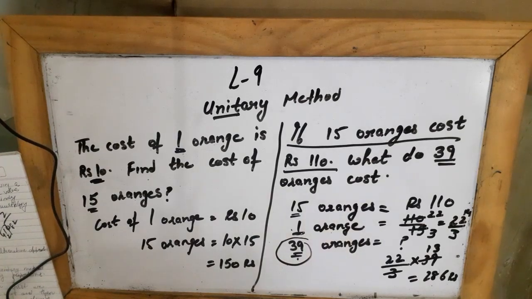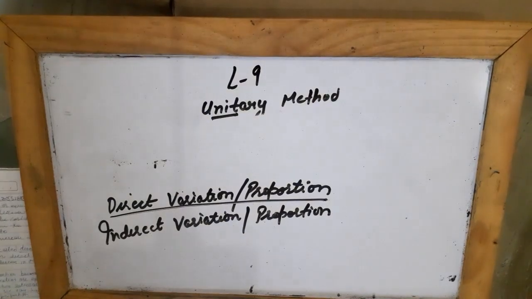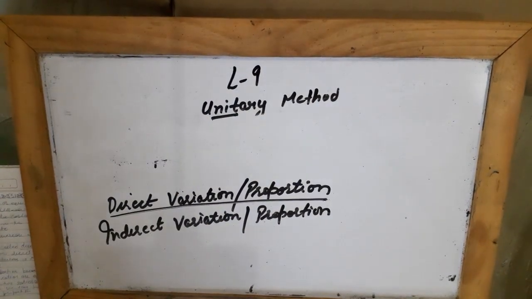So what is unitary method? The unitary method is a technique in which first we find the value of a unit, unit means one, and then the value of the required number of units. Now in unitary method, we come across two types of variations, two types of possibilities.